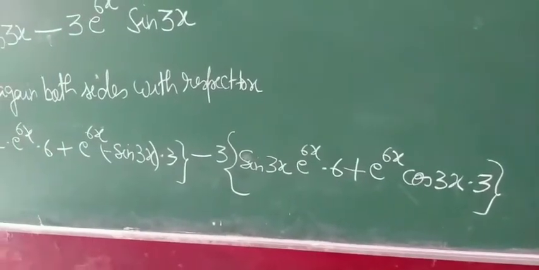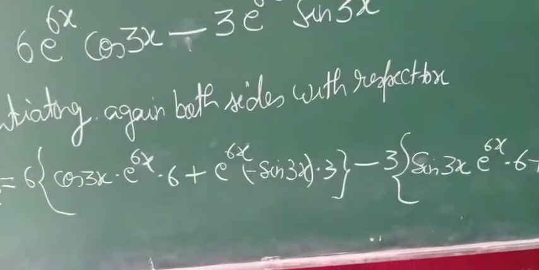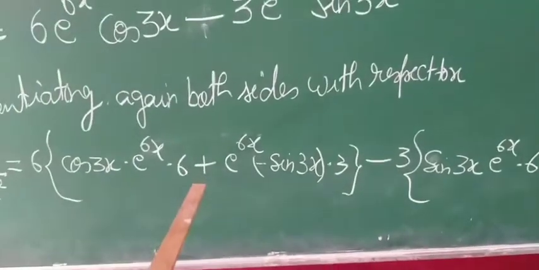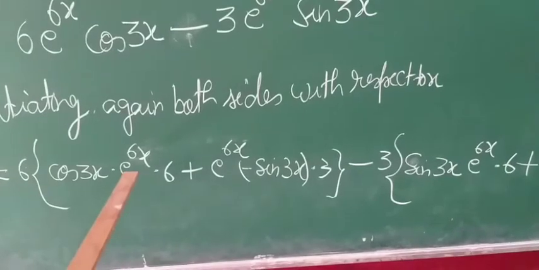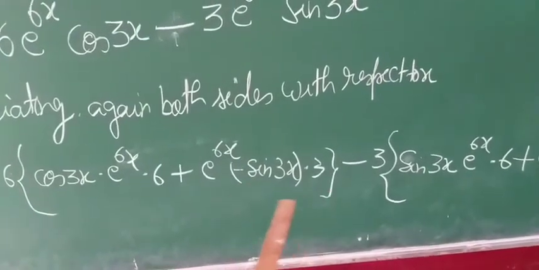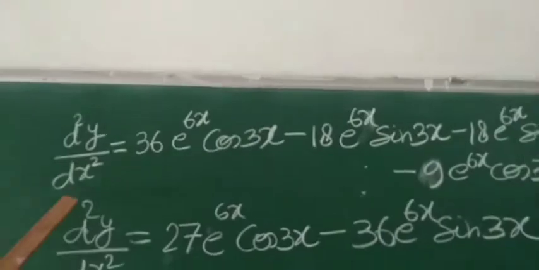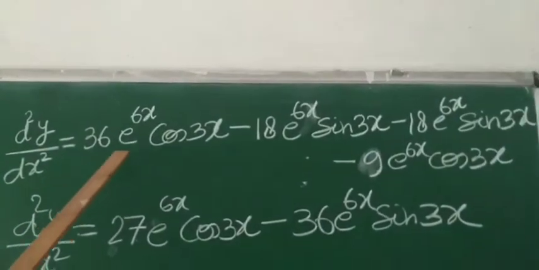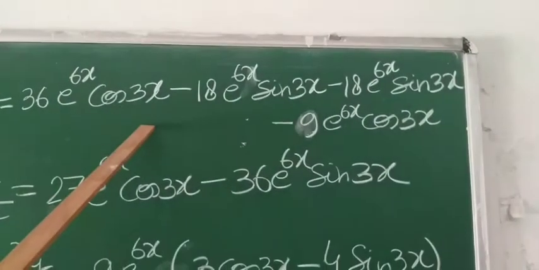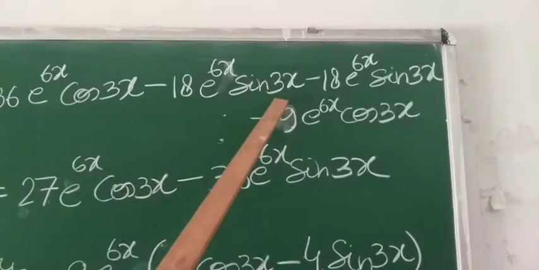Okay, students. Let us do the calculation now. Open the bracket. 6 sixes are 36 e to the power 6x cos 3x minus 18 e to the power 6x sin 3x. So d square y upon dx square equals 36 e to the power 6x cos 3x minus 18 e to the power 6x sin 3x.